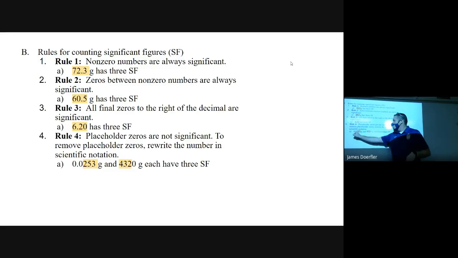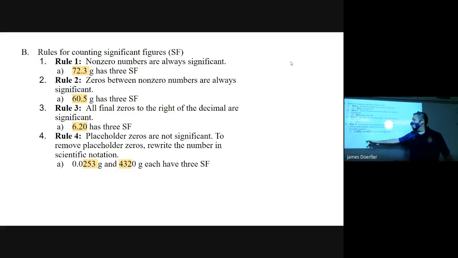But look at this here, 0.0253. There is a 0 to the right of a decimal, but why don't we count that? It's not sandwiched in between, and I'm going to take a little bit from rule number 3. It's not a final 0. It's not the last number. These zeros are simply placeholders.